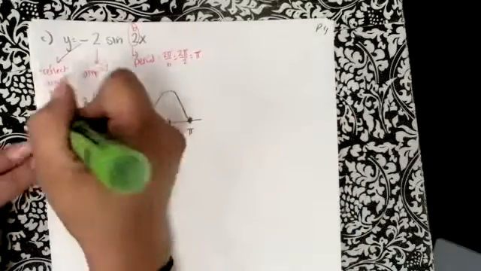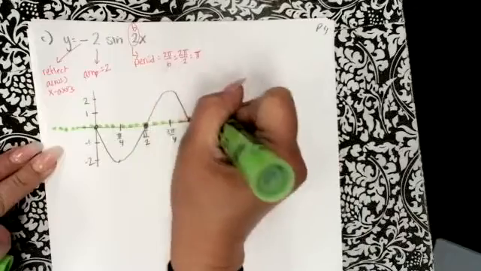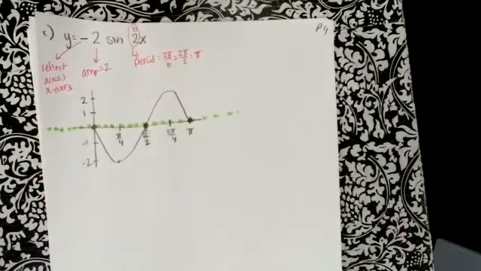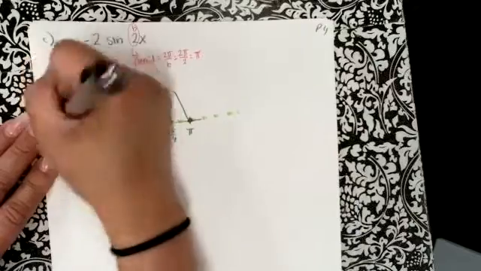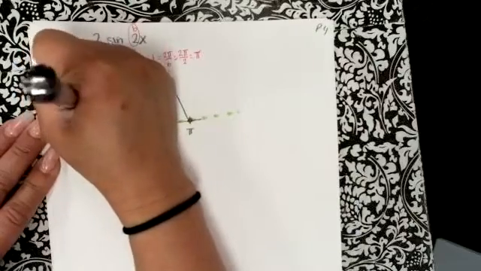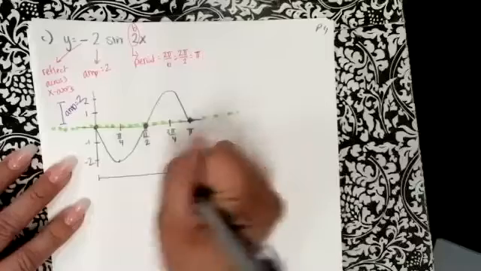So this is still going to be our midline. Here is my amplitude. Here is my period or my cycle.